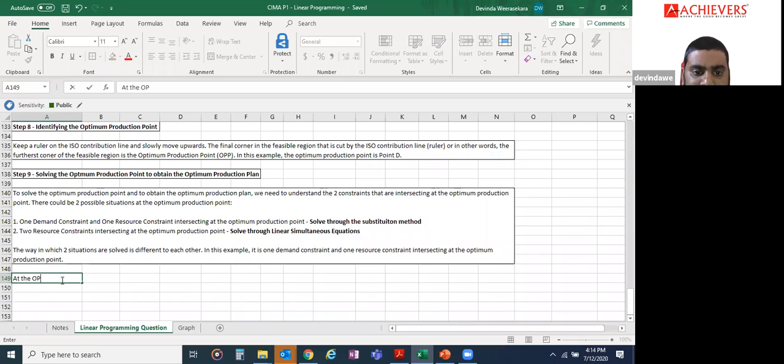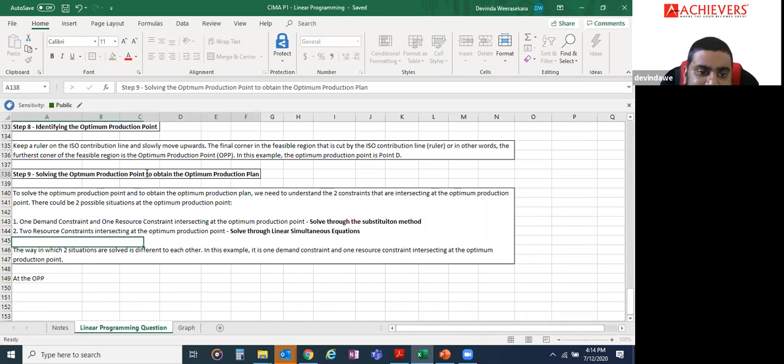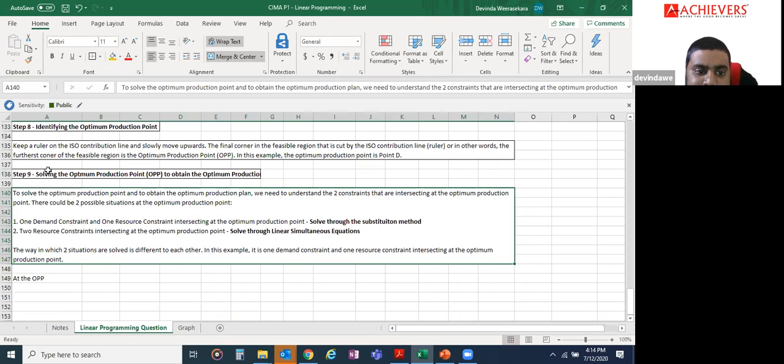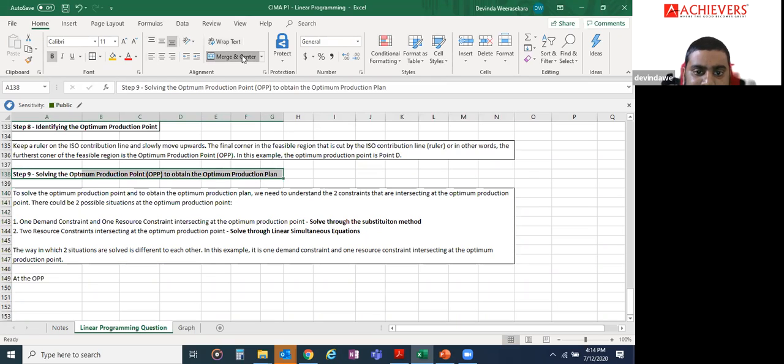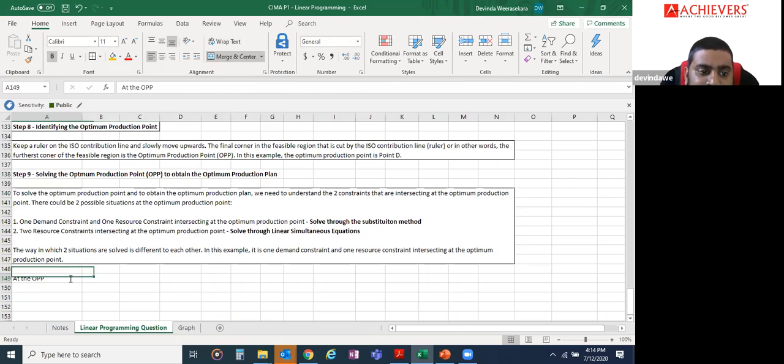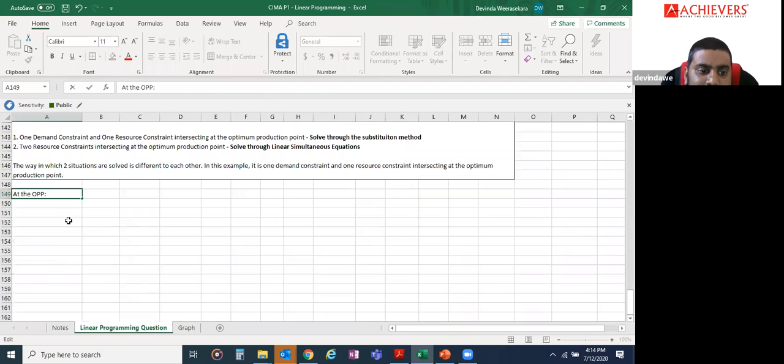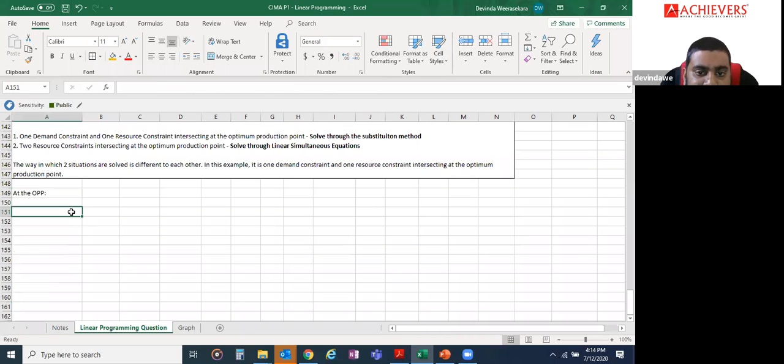So at the optimum production point, the two constraints that are intersecting, you have to write the constraints.